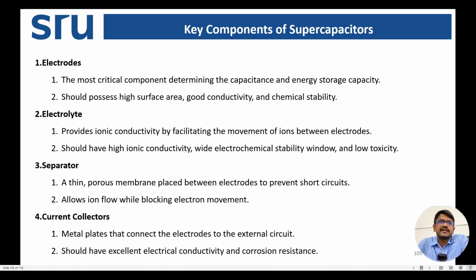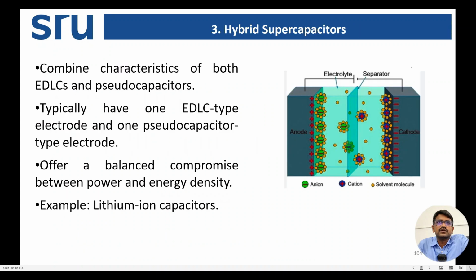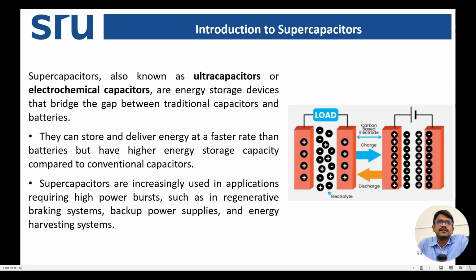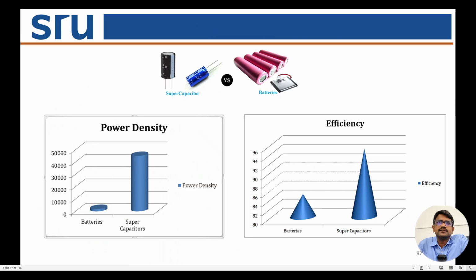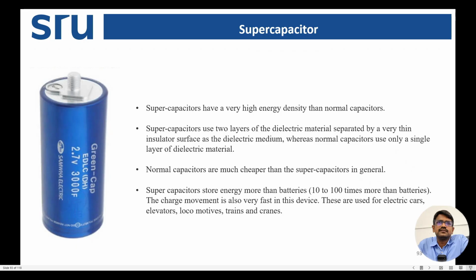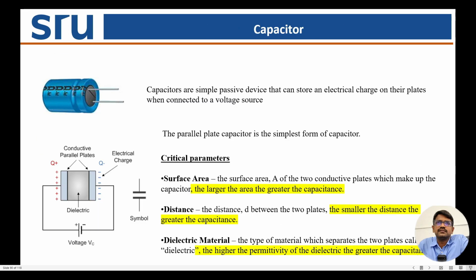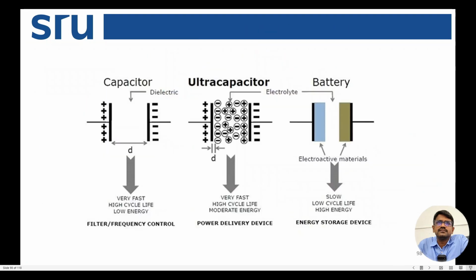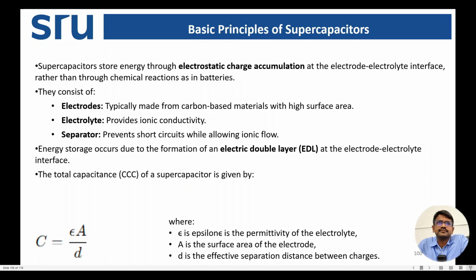Then the second one is electrolyte. The electrolyte should provide good ionic conductivity. Why?